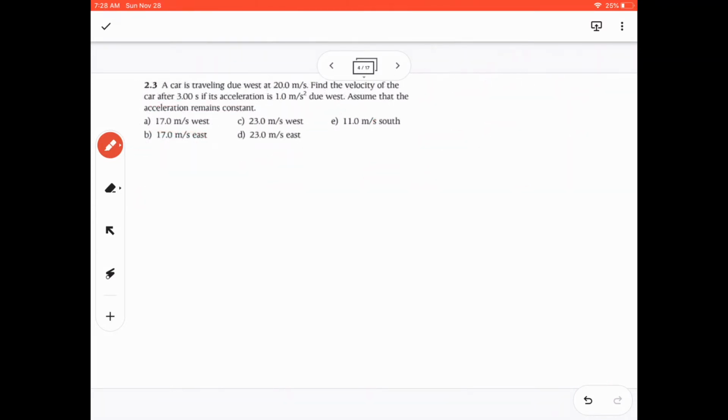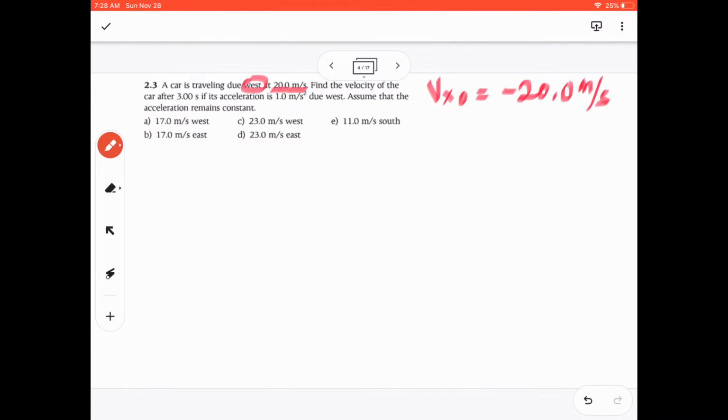Question 3. A car is traveling due west at 20 meters per second. This is motion along the x-axis, so we'll denote the initial velocity as Vx, negative 20.0 meters per second. This one is negative because it's due west. Direction is important.